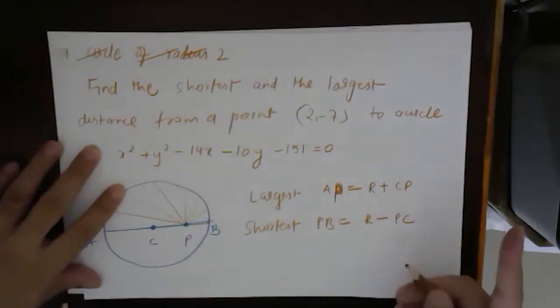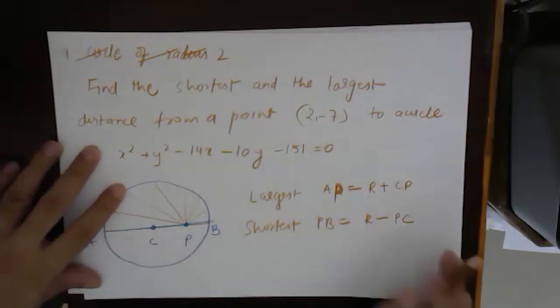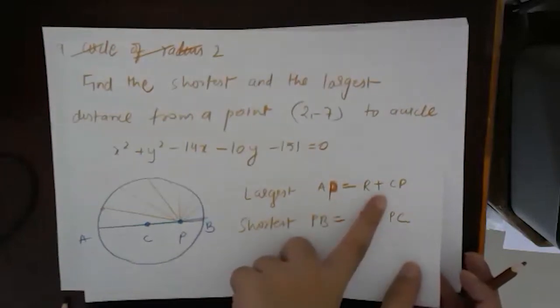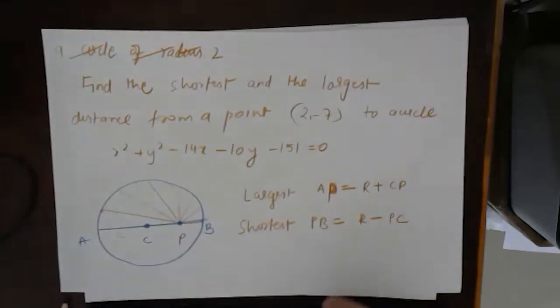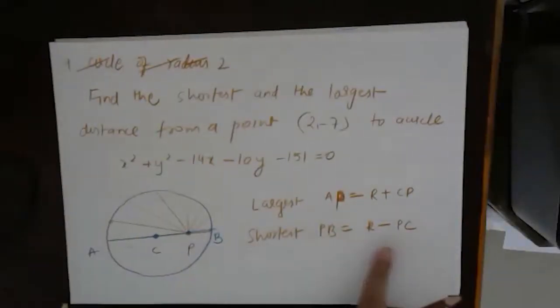So in the previous case, the largest distance was R plus CP and the shortest distance was PC minus R. In this case, the shortest distance is R minus PC.